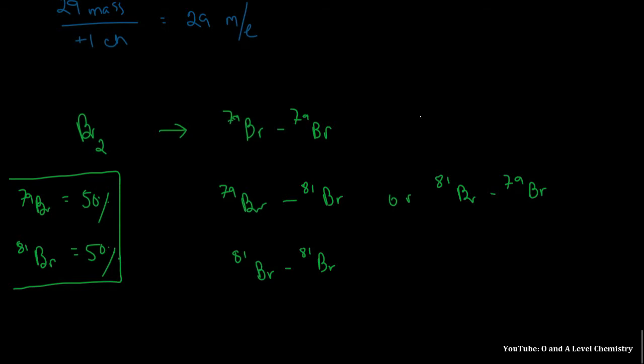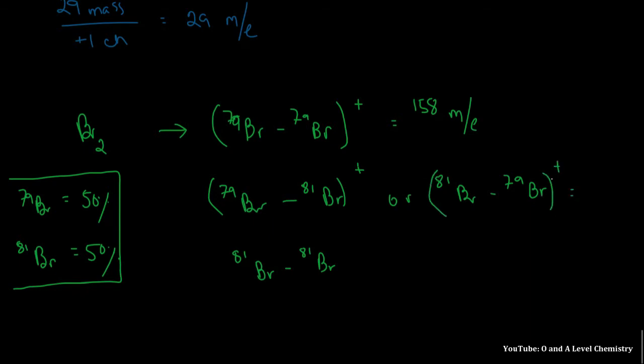if we inject this Br2 molecule sample into a mass spectrometer, inside the mass spectrometer it is ionized first. So a 79Br2 could be ionized. That way I will have 158 m/e, right? If the charge is +1. And for these guys, I can have 79 and 81 plus, or 81 and 79 plus.